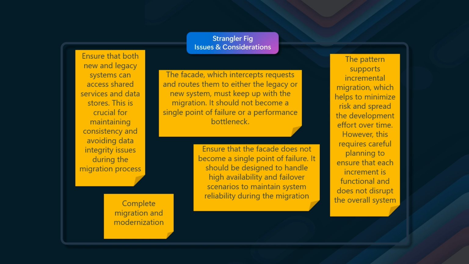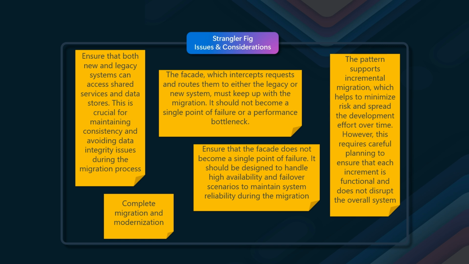Facade management: the facade, which intercepts requests and routes them to either legacy or new systems, must keep up with migration. It should not become a single point of failure or performance bottleneck.